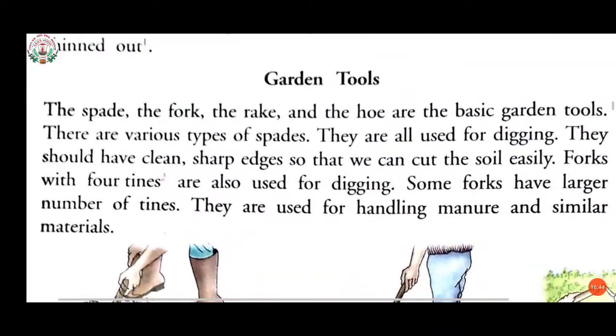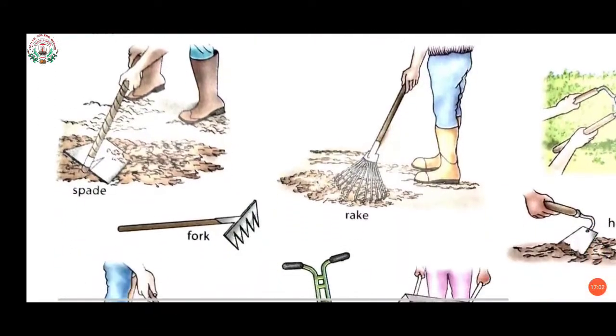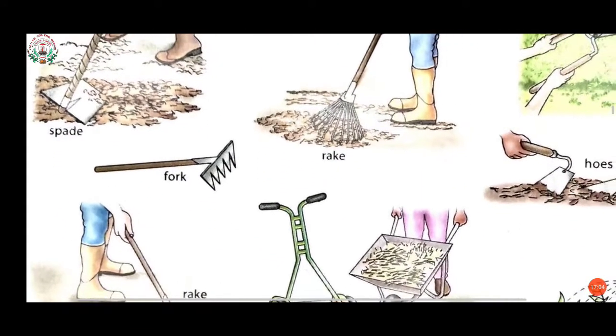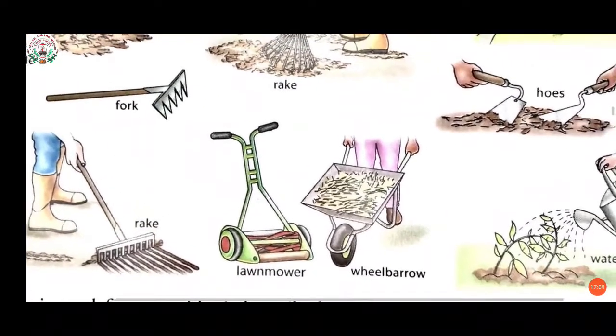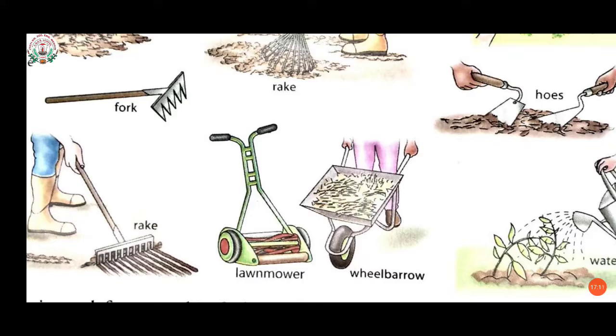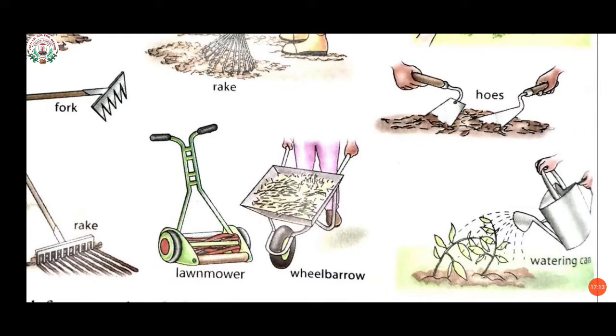The next topic, students, is the last topic: garden tools. And what are garden tools here? Let's see the tools of the garden. The spade, the fork, the rake and the hoe are the basic garden tools, and here the image is given of the spade, fork, rake, shears, hoes, lawn mower, wheelbarrow and watering can.